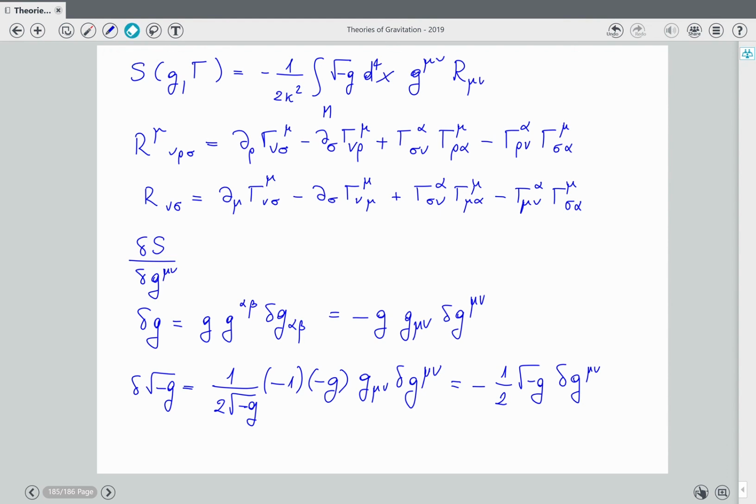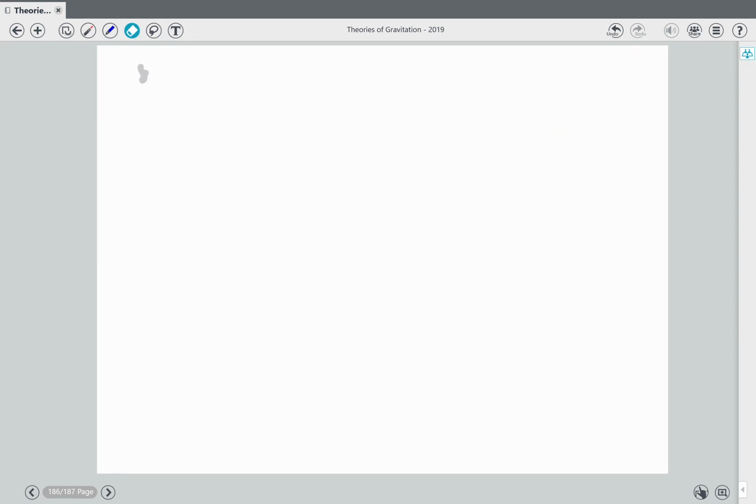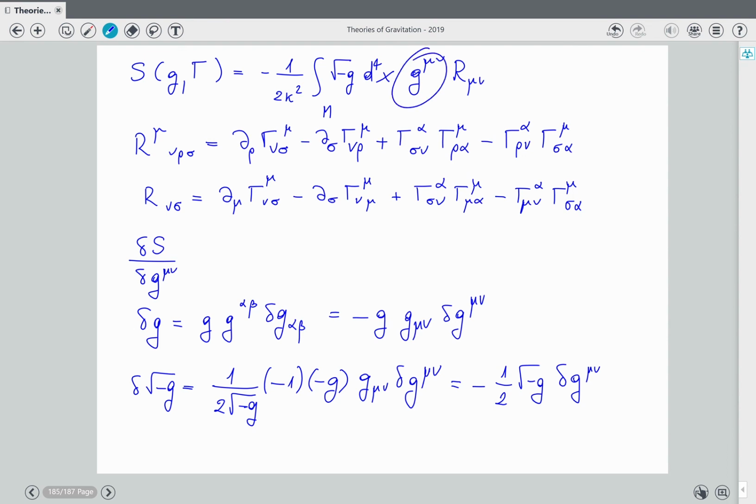So the variation of the action is simple. Delta S is equal to the integral of square root of minus g d^4x. Now, if you vary this, you have delta g mu nu R mu nu.